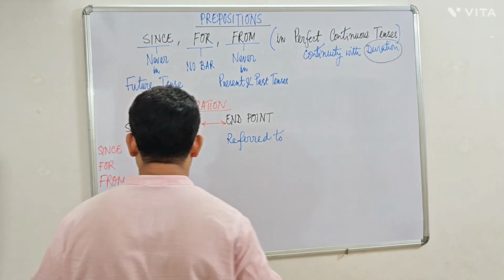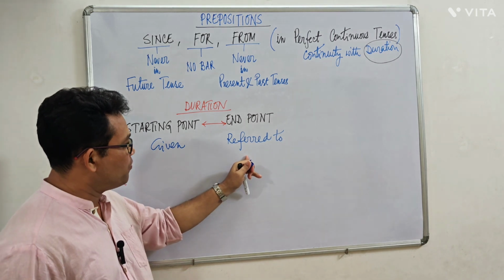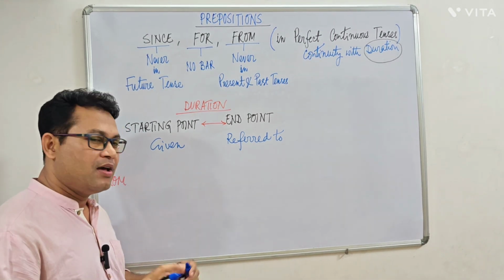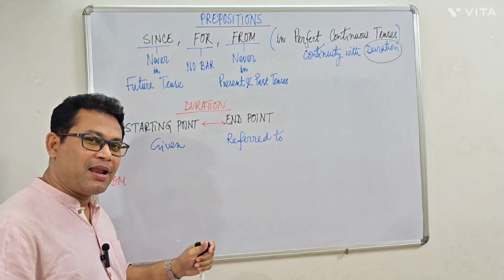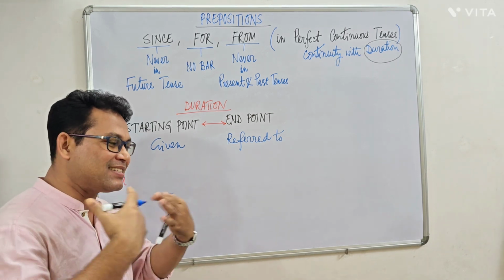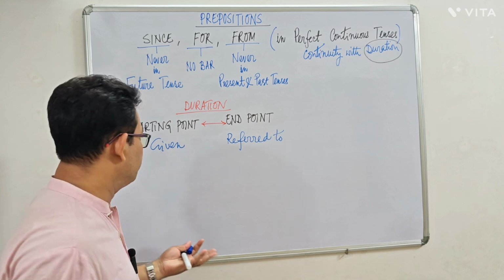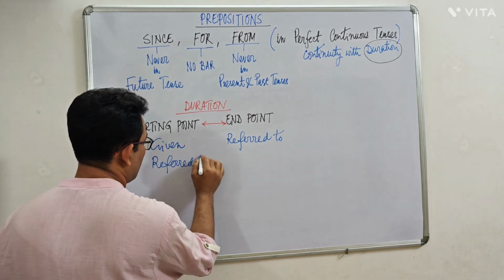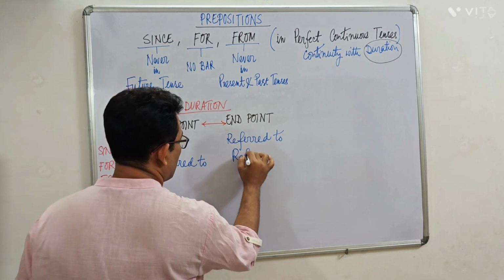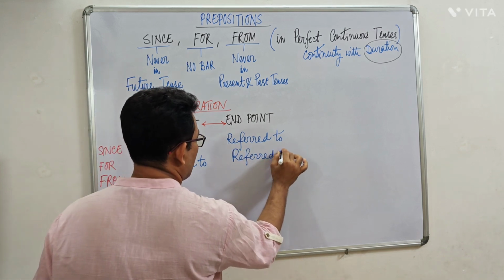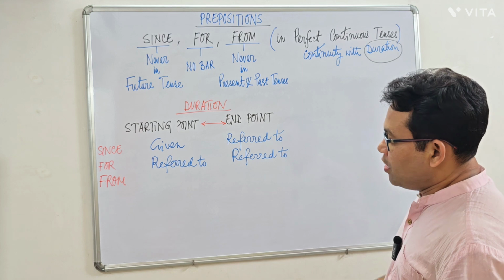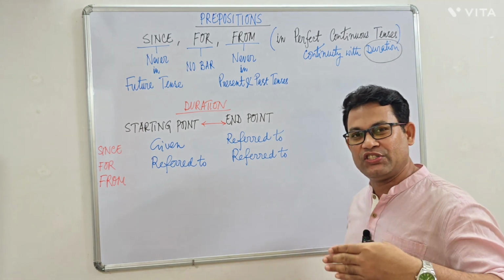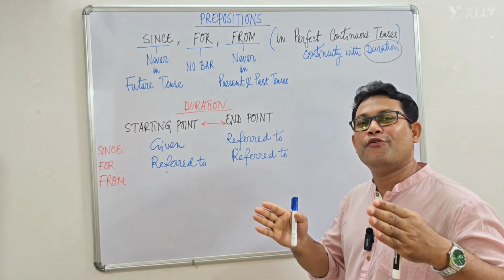In case of for, the starting point and the end point, both the points are just referred to. They are not given, but the duration of the time lapse is calculated and it is given as clear-cut data. So what is the reason behind this? Take for example, if I say, I have been teaching English for 4 months.